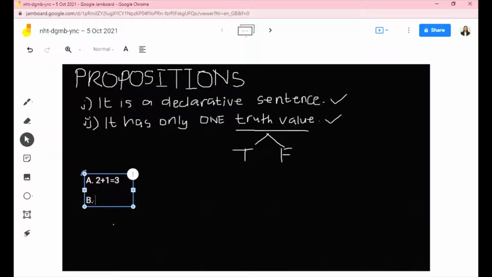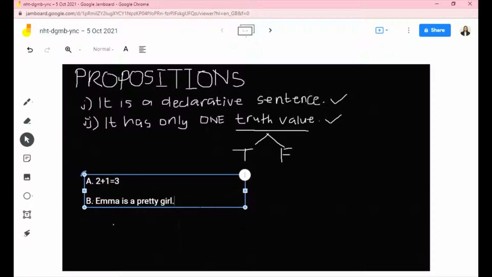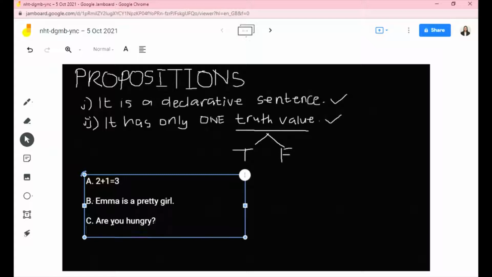Let's have the other sentence: Emma is a pretty girl. Let's add another sentence. Let's say, are you hungry? And the other sentence, I hate you.